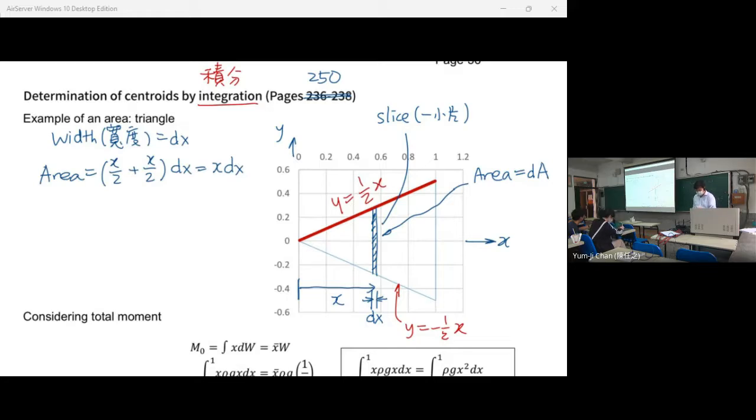So this height is equal to y is equal to half of x. And of course, the upper part is y equal to x over 2, and the lower part is also y equal to x over 2.